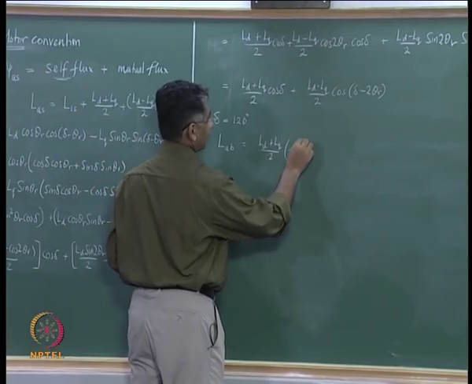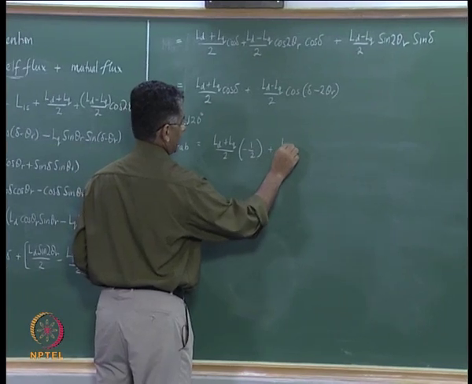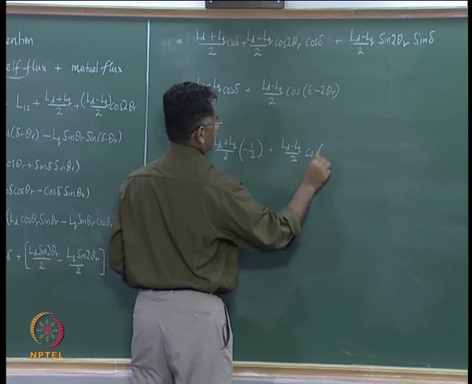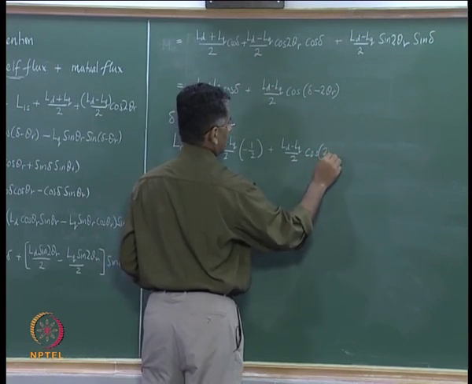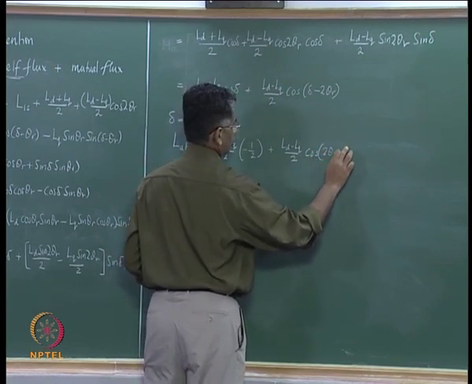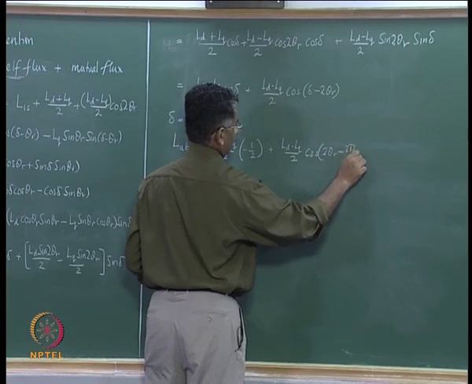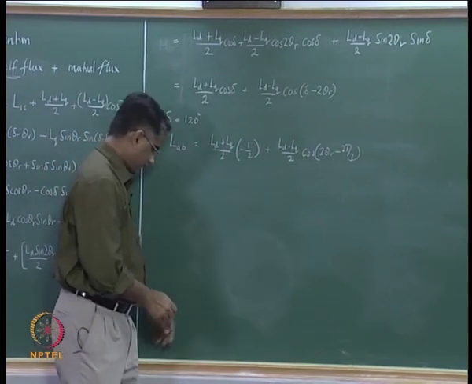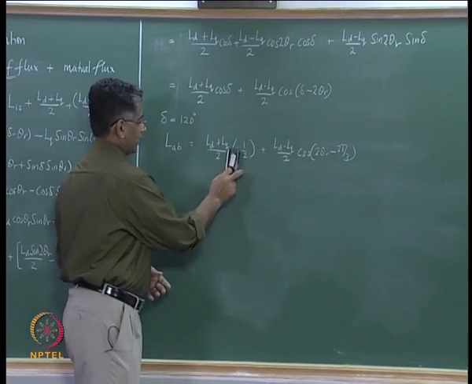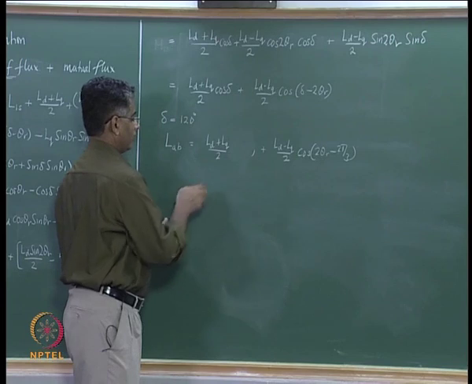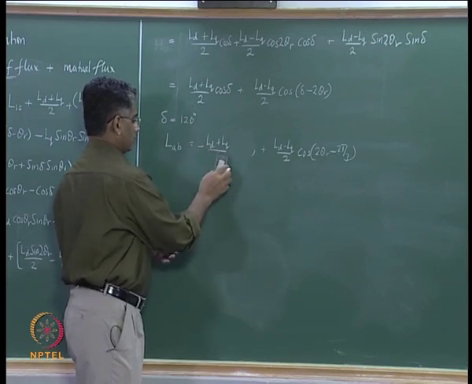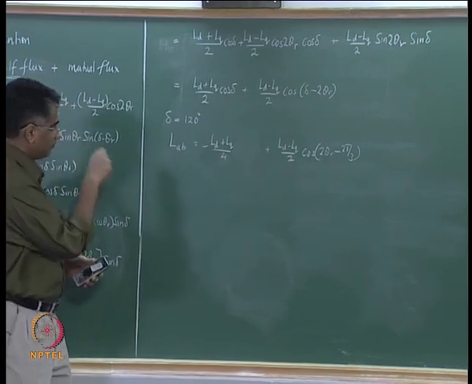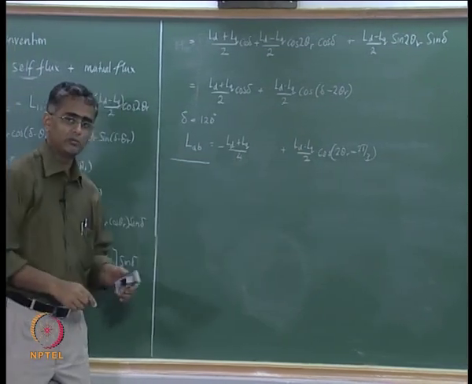So, minus half plus LD minus LQ by 2 into cos of 2 theta r minus 2 pi by 3. Delta is 120 degrees and cos is minus half. So, this can be written as minus 1 by 4 times this expression. So, this is between A and B.